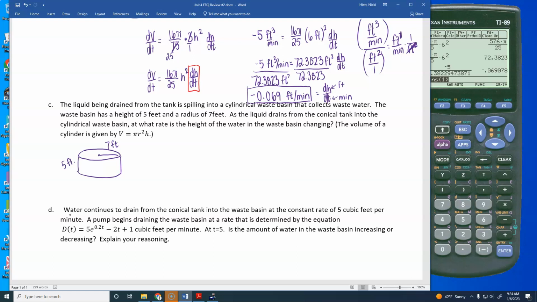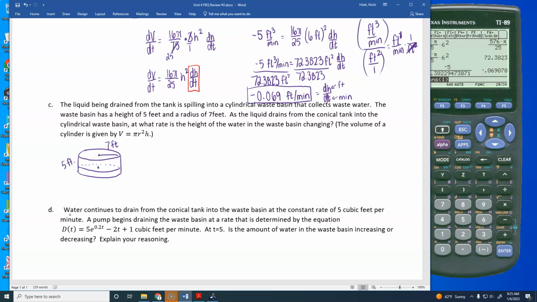And so as the cone drains, the waste basin is filling up. So let's think about the cylinder. As it fills up, does the radius change? It doesn't. With a cone, it does, right? Because the cone gets smaller towards the bottom, so the radius is changing. But with the cylinder, as this fills up, that radius is staying the same.